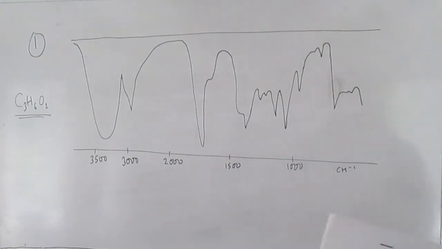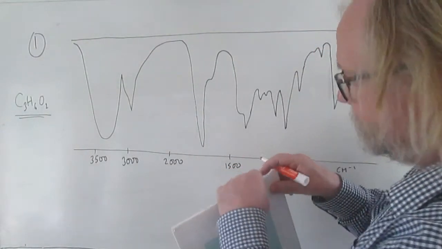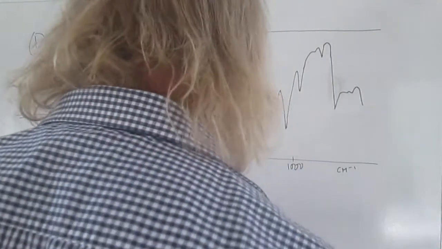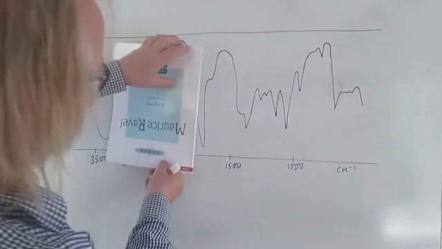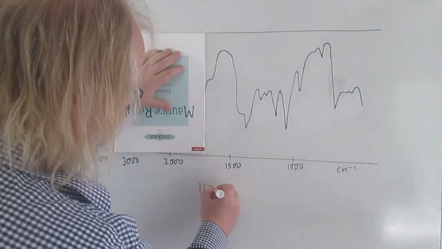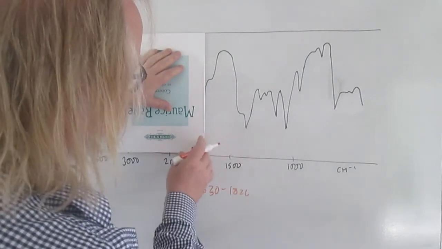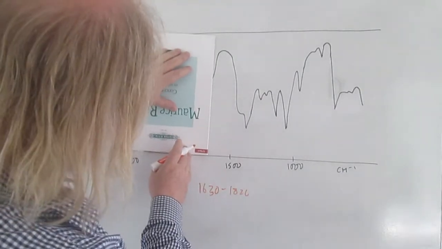The way to do that, as we've said before if you've watched some of the videos I've done, is to say, right, it tells you in the datasheet that 1630 to 1820 is the range for a carbonyl peak.